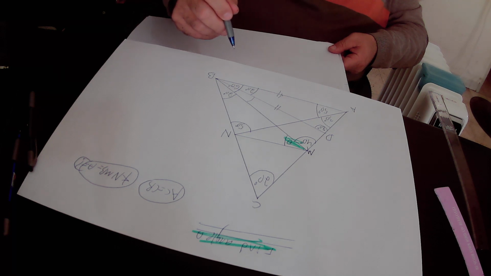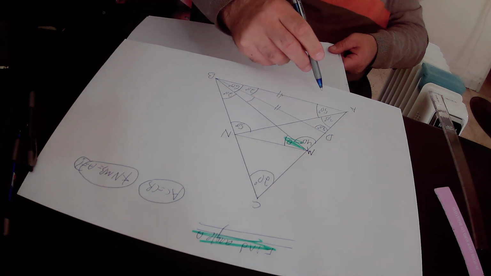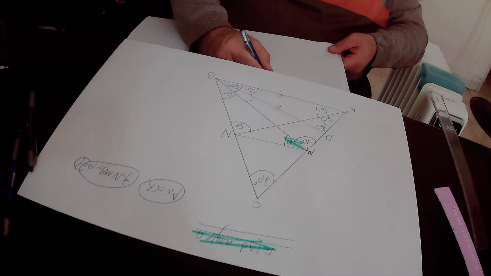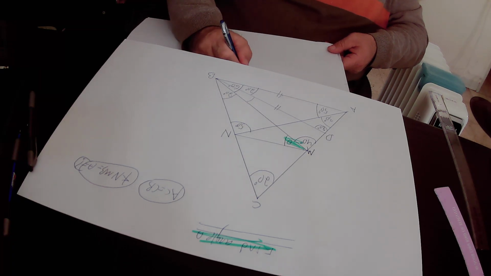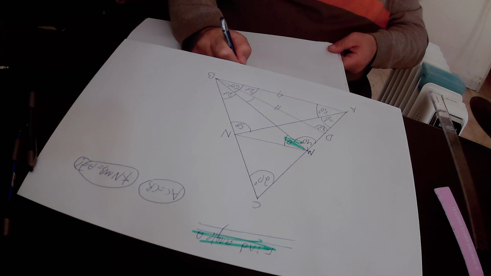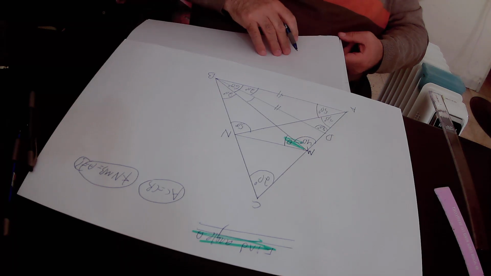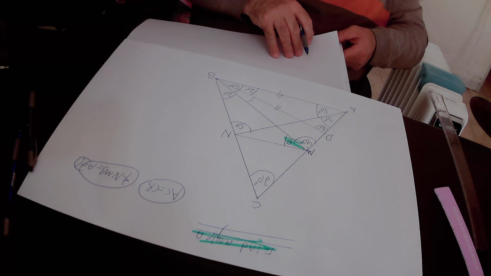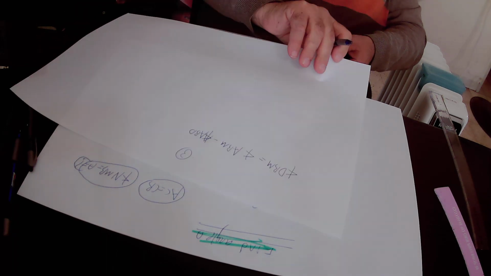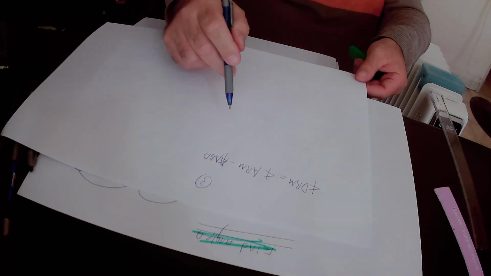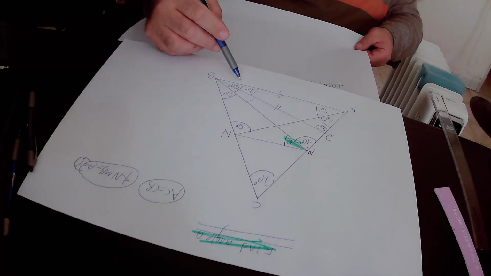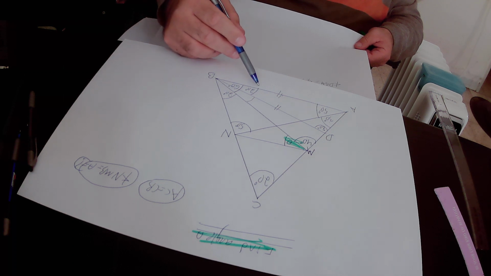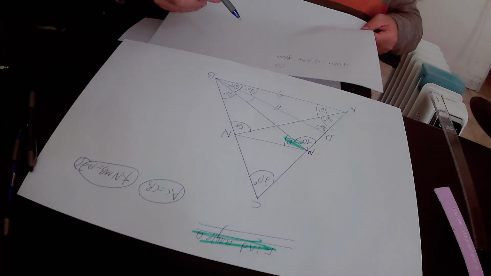It must be equal to the big angle, that is angle ABM, minus the small angle, that is angle ABD. Repeat again: this angle DBM must be equal to the big angle ABM minus the small angle ABD.